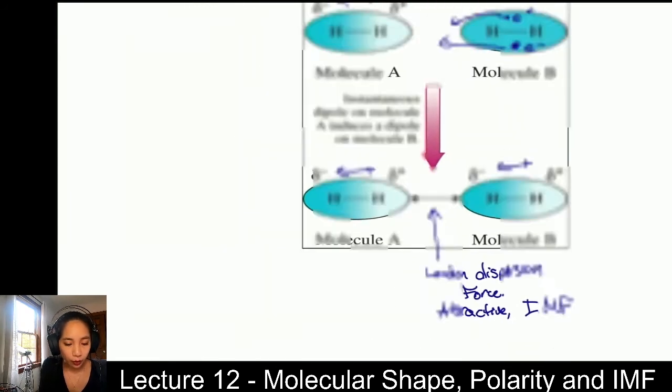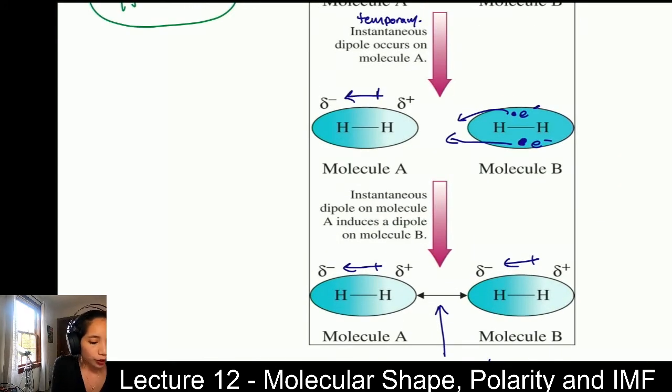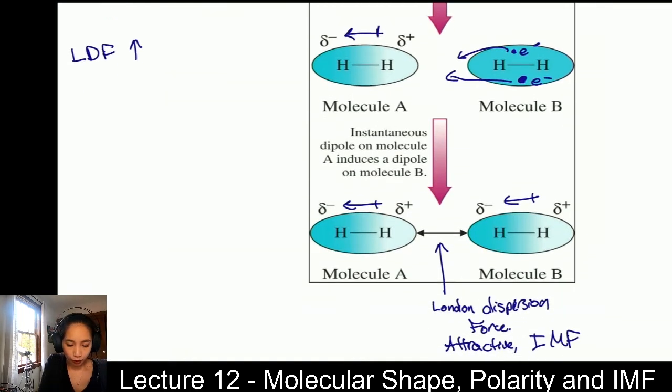So that's what I mean by London dispersion forces. But really what I want you to get at, the most important thing, is that London dispersion forces, the attraction between the positive and negative sides of the temporary dipole, will increase when the molar mass of your sample increases.